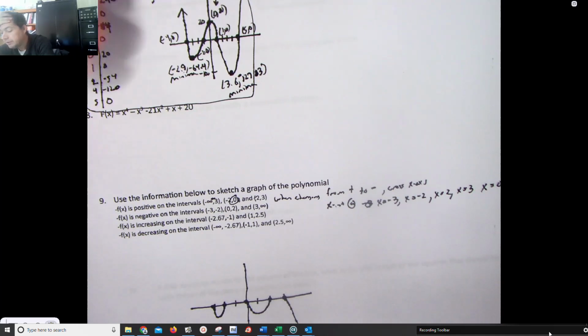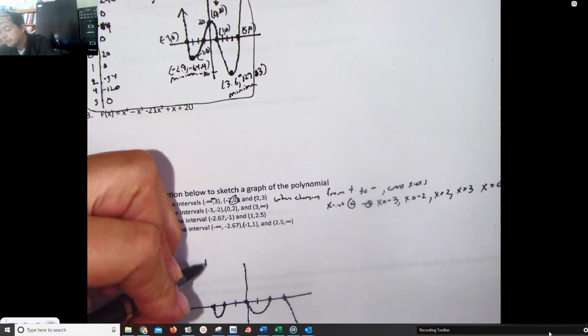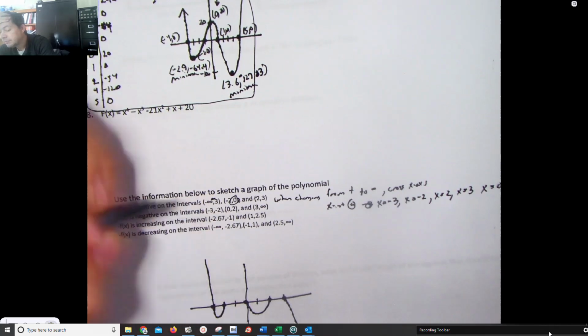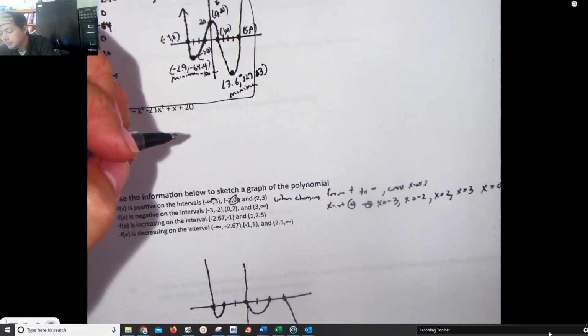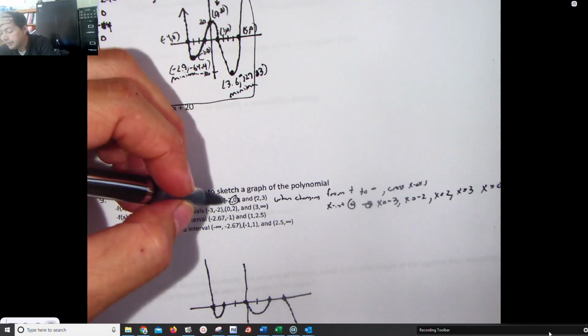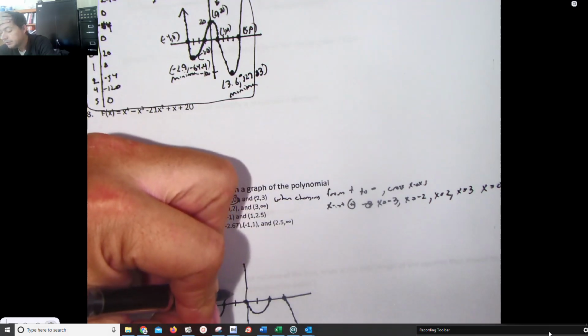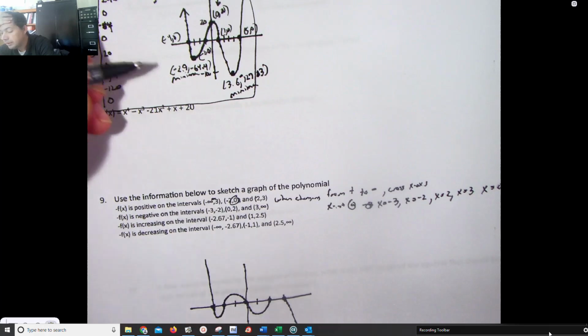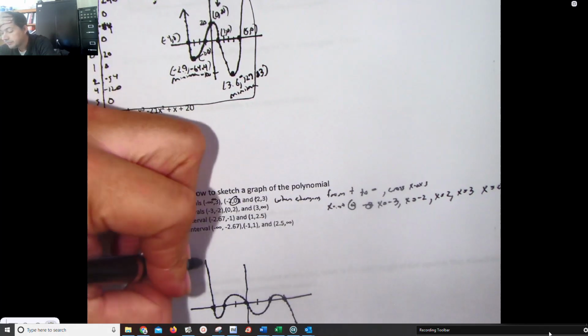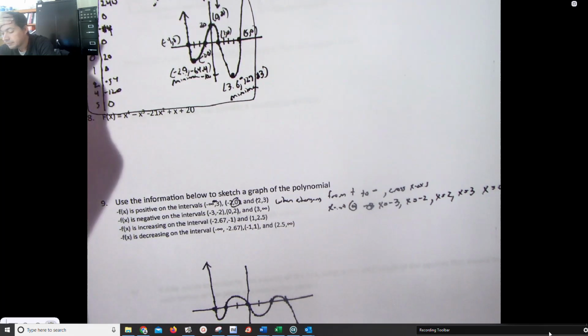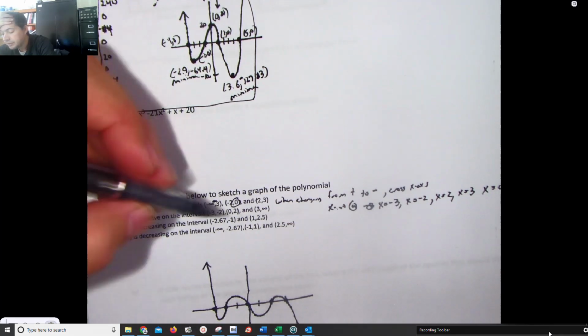Positive from negative infinity to negative 3, so it's coming in from up high. Negative 2 to 0, positive, and 2 to 3, positive. And let's see if everything else works out.